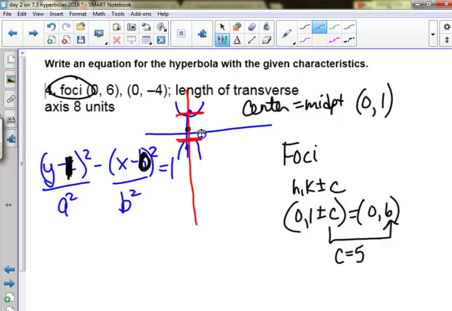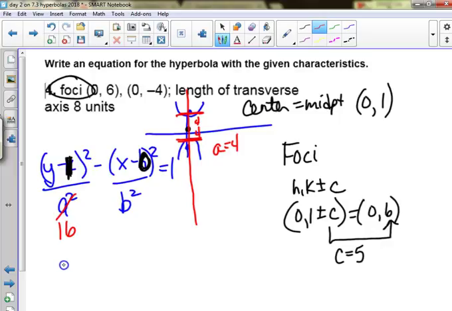Okay. So how far is this? If that whole thing is 8, how far did they go up and down to those vertices? So what does that tell us? A is 4, and A squared would be 16.